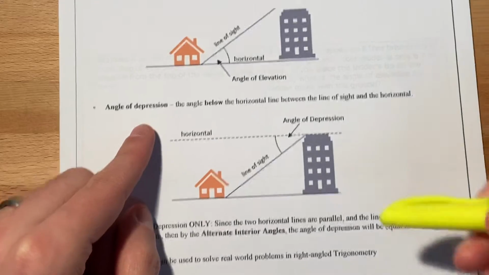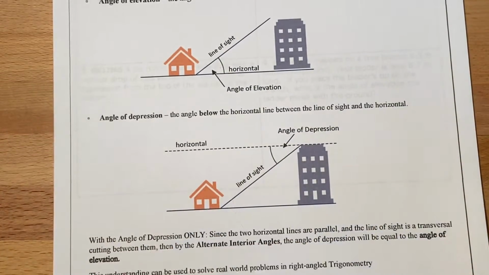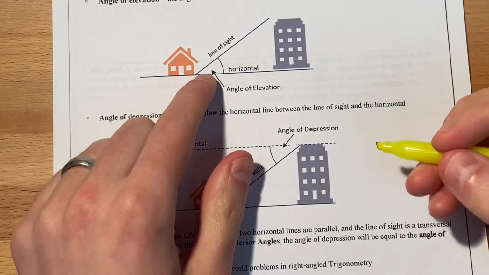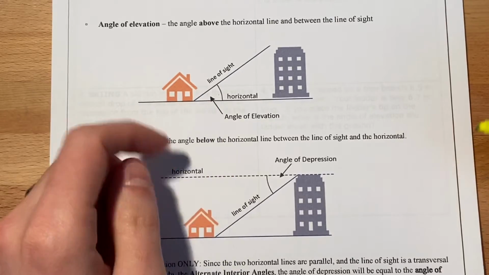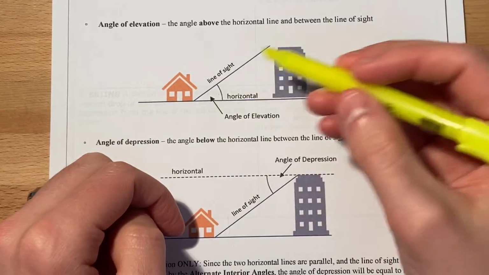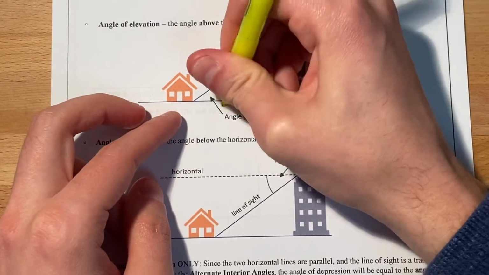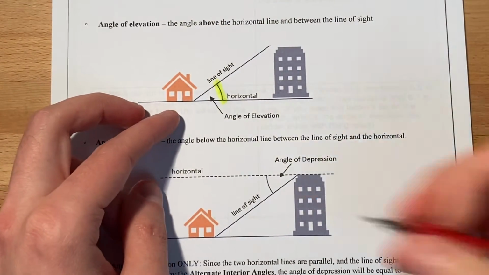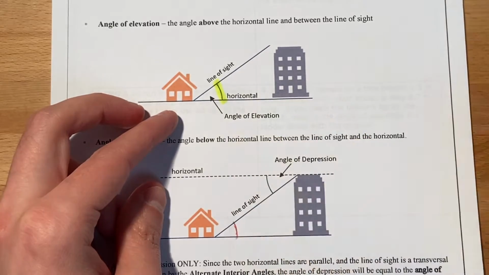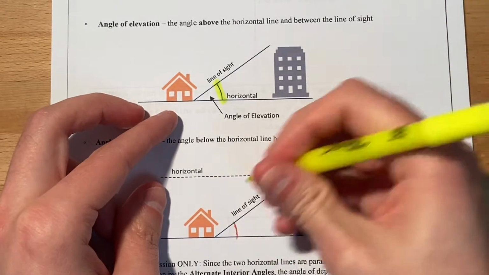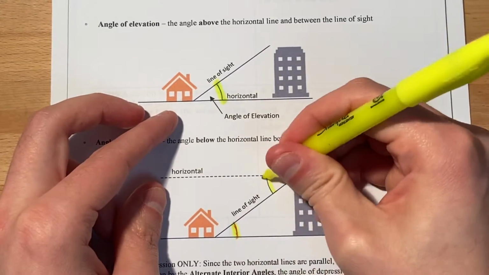It might be worth noticing that they are different vocabulary words, but because it is the same figure, this angle right here, if you were to draw it on this picture, turns out they are the same angle.